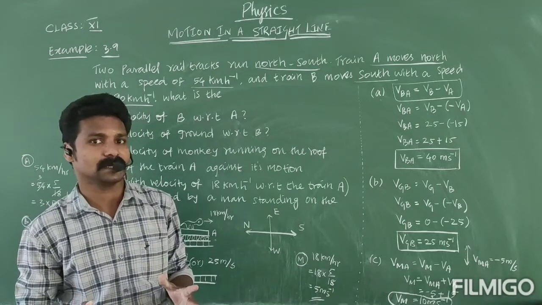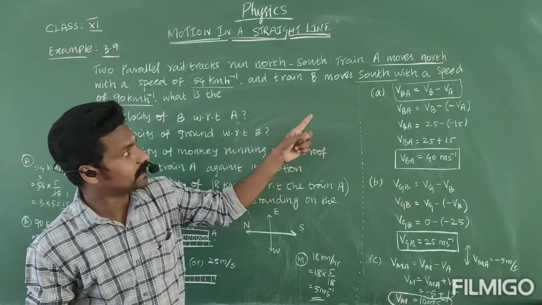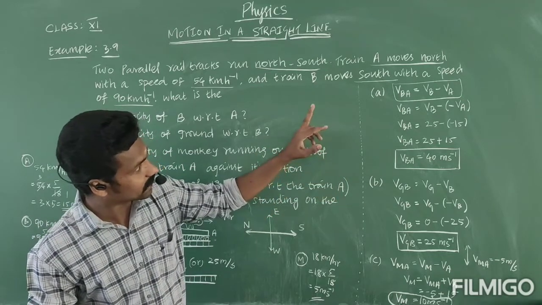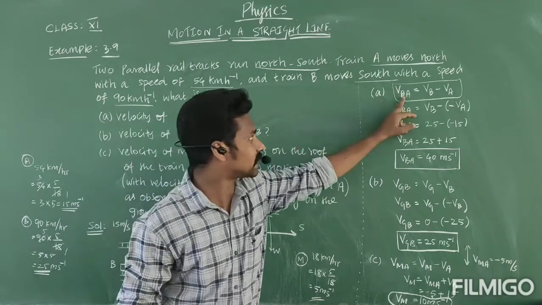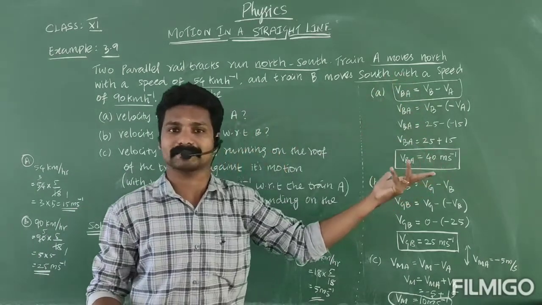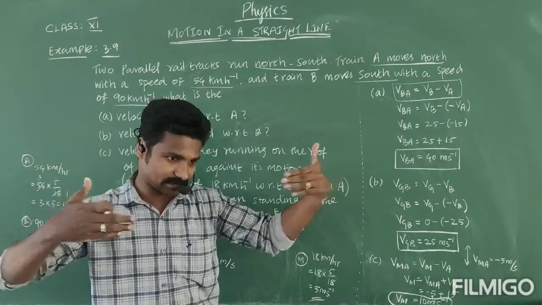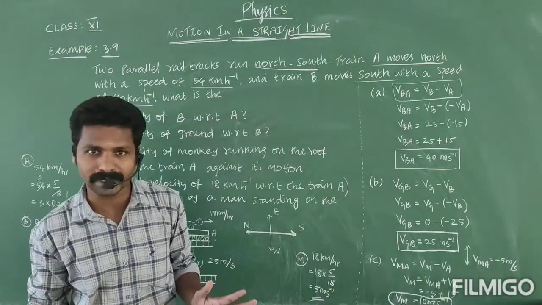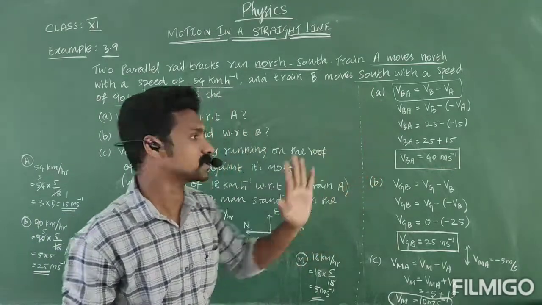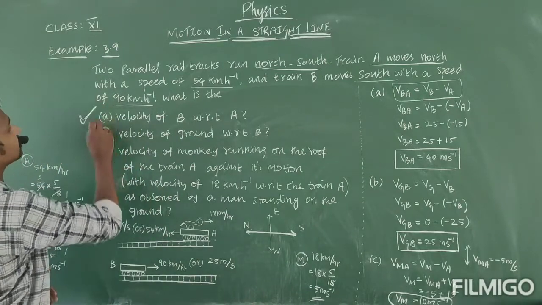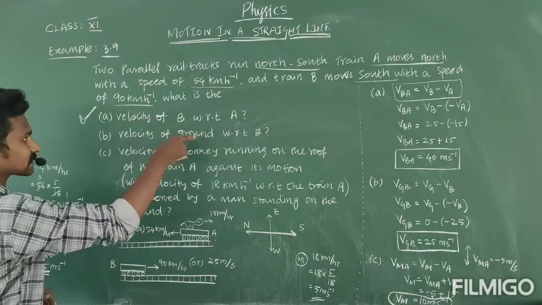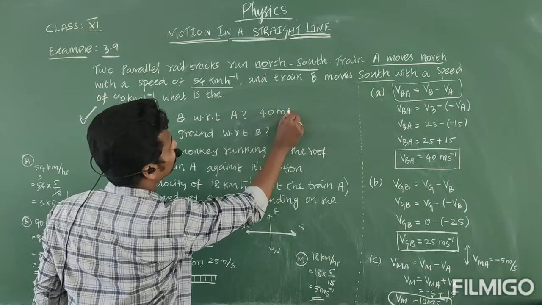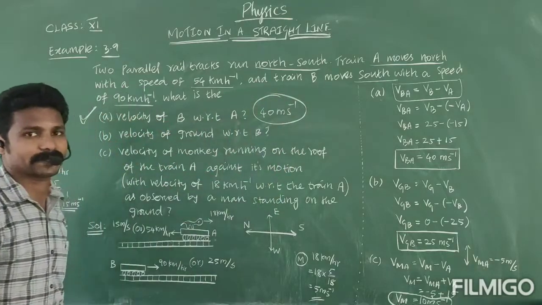Even the velocity of train A with respect to B is also 40 meter per second, because both travel in opposite directions. So we must add the speeds. I hope the first question is over. The velocity of train B with respect to A is 40 meter per second.